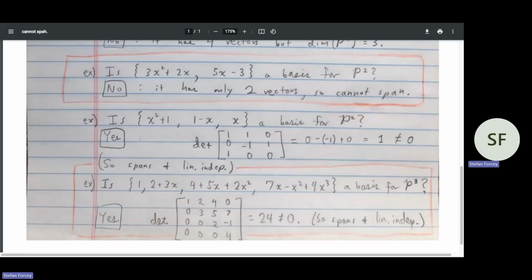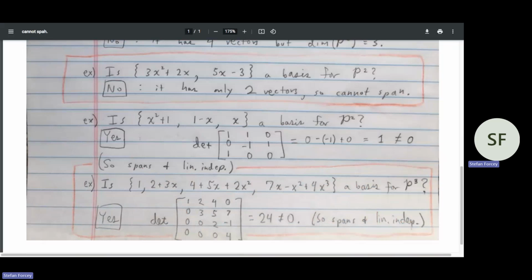Here's one more, just to make it a little bit fancier. Is this one a basis for P3? It's got 1, 2 plus 3x, 4 plus 5x plus 2x squared, and 7x minus x squared plus 4x cubed. So the dimension of P3 is 4, and it has 1, 2, 3, 4 vectors, which are polynomials. And that means we have to check whether it has linear independence.